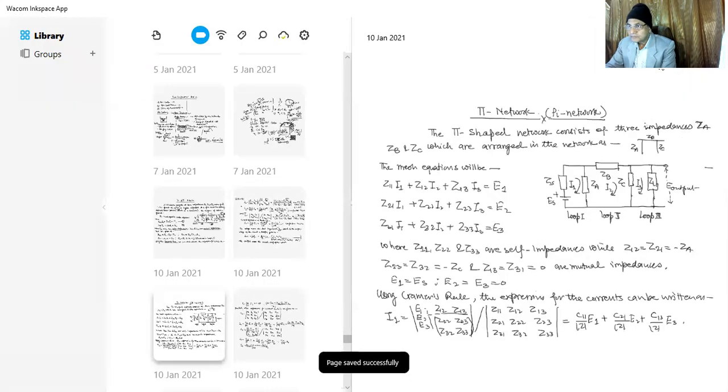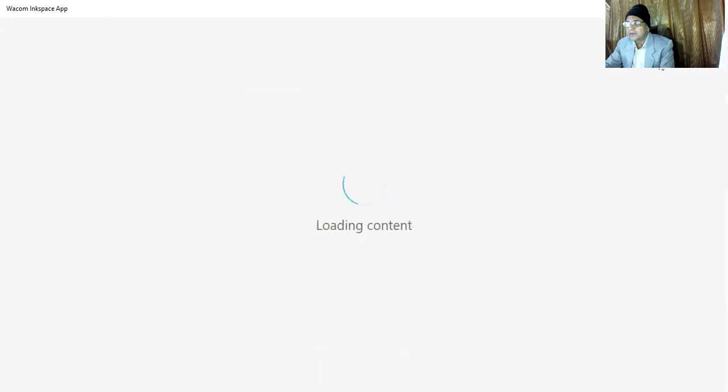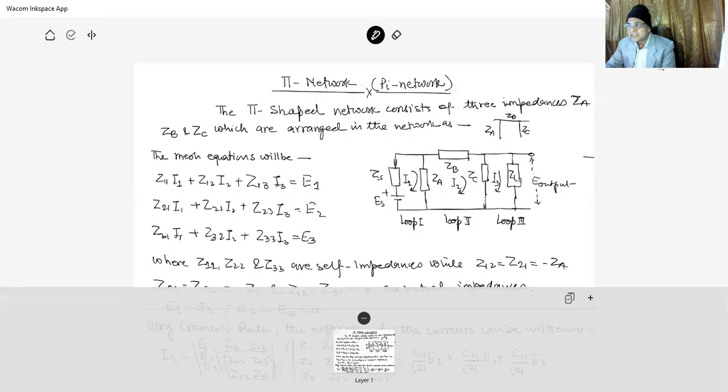Then similarly, the pi network. The pi network is again with the same concept of the pi. That is, the pi-shaped network consists of three impedances, ZA, ZB, and ZC. This one is the pi, and the pi impedance is attached in this form in the network, so it is known as pi network.